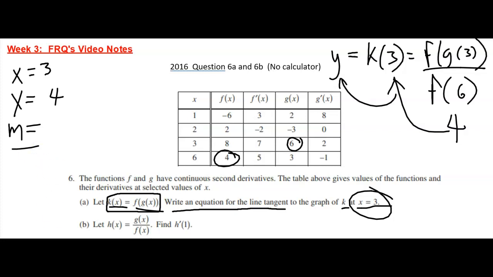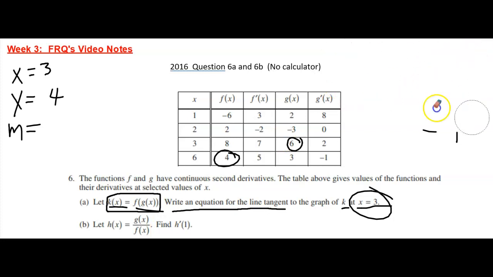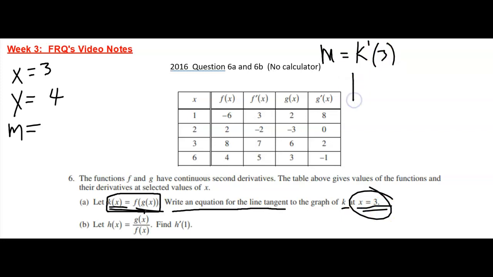Now, to find my slope, I'm going to need to do 2 things. The first thing I'm going to need to do is take the derivative of k, because the slope is going to be equal to the derivative of k at that particular value of x. So I need to find the derivative of k first, and then I'm going to plug 3 into it. So let's start by finding the derivative of k.